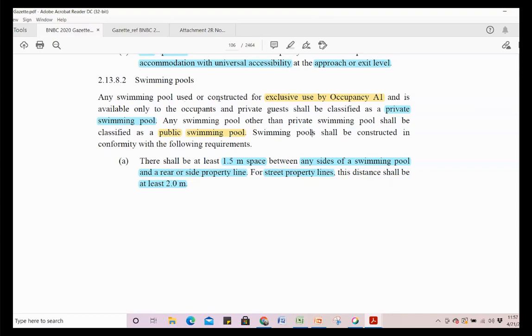So swimming pools used or constructed for exclusive use by occupancy A1, a special category, available only to the occupants and private guests, shall be classified as private swimming pool. So private swimming pools are associated with occupancy A1. Any swimming pool other than private swimming pool shall be classified as public swimming pool. So all other categories of swimming pool are public swimming pools.